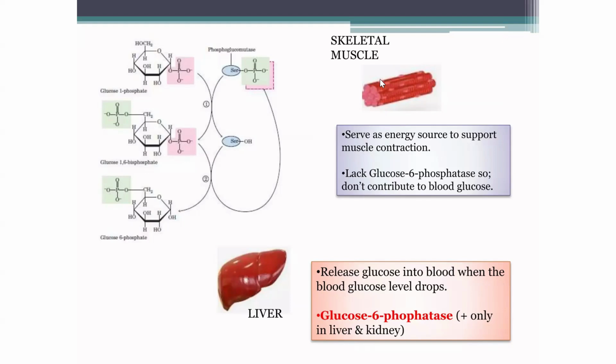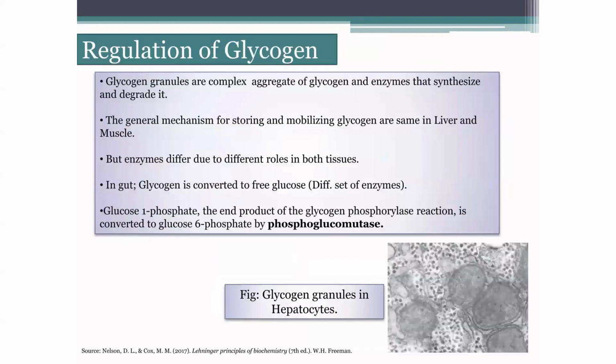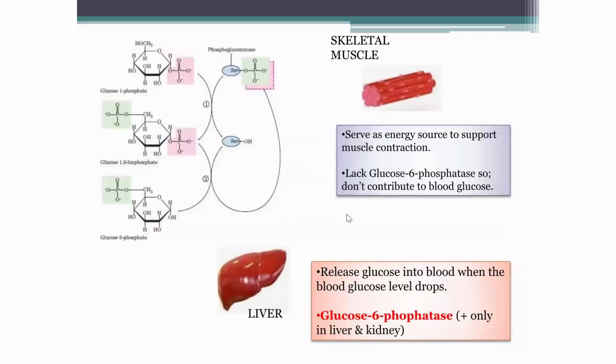Because in muscle contraction, you need a lot of energy. And of course, the glycogen in the muscles is usually not utilized to contribute to blood glucose, because the muscles lack an enzyme called glucose 6 phosphatase.